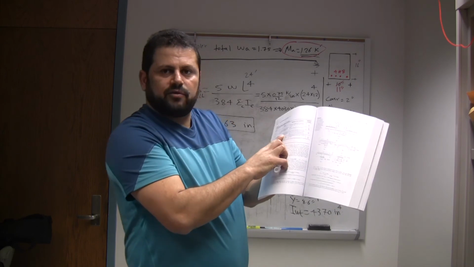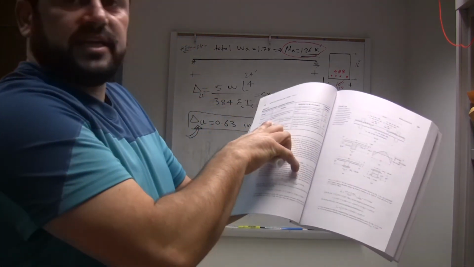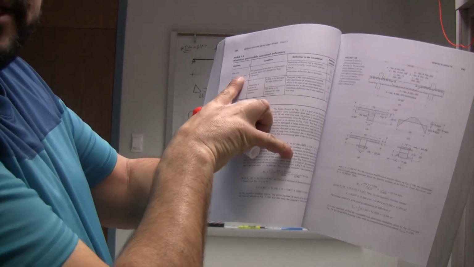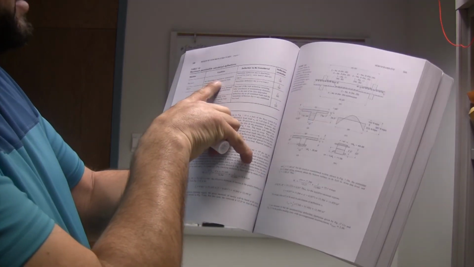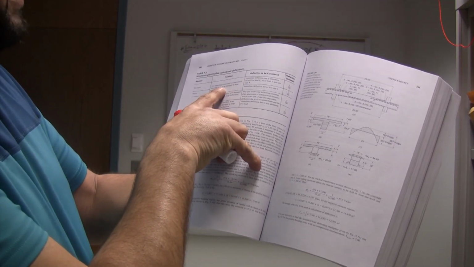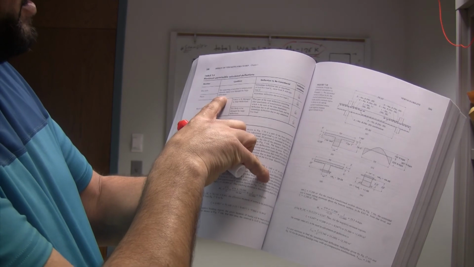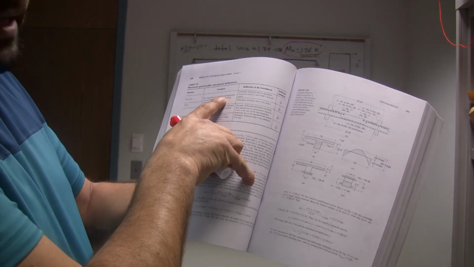So what we have is a floor beam, a beam that's part of a floor. The table says not supporting or attached to non-structural elements likely to be damaged by large deflections. That's most of the time the case.